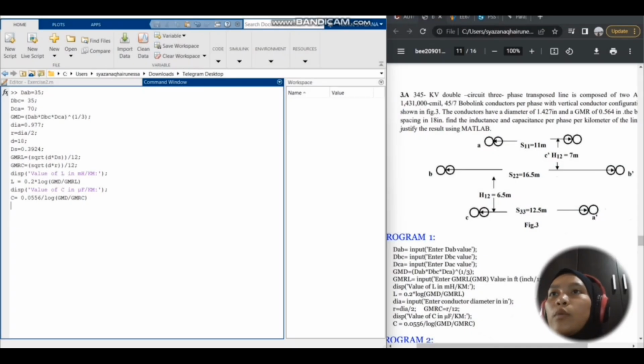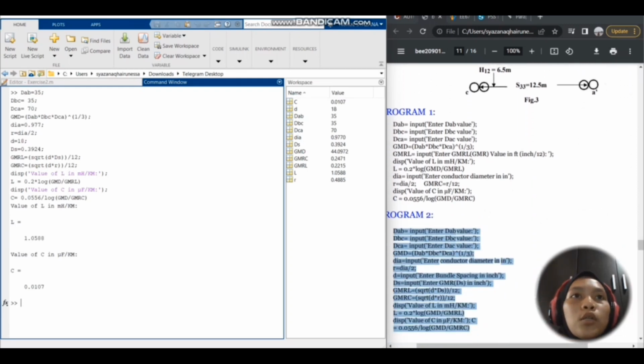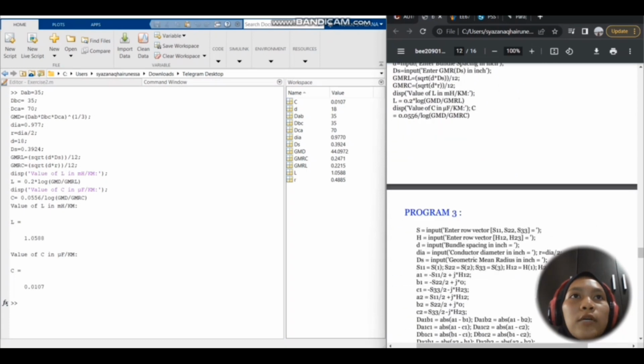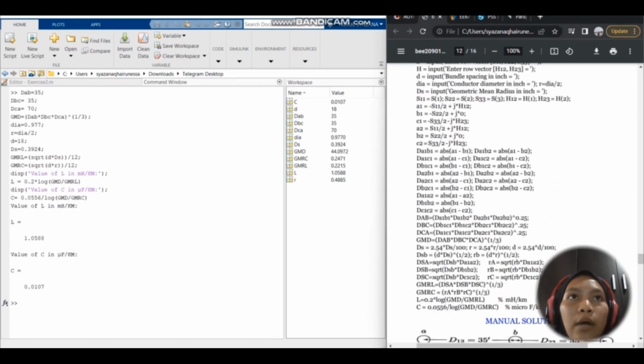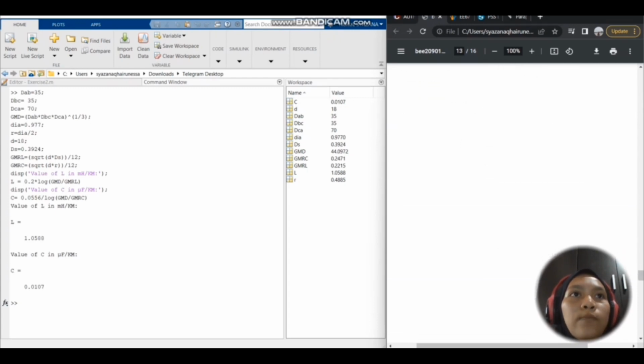So after we modify the program from the lab sheet, we click the enter button, and we will get the value of inductance and the value of capacitance. To make sure that the value we get is right, we compare the answer with the manual solution.